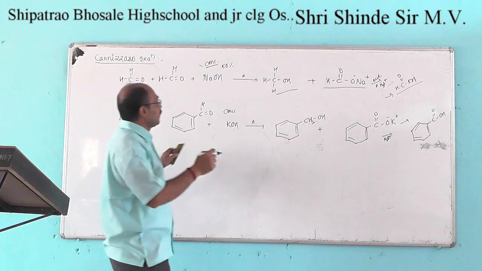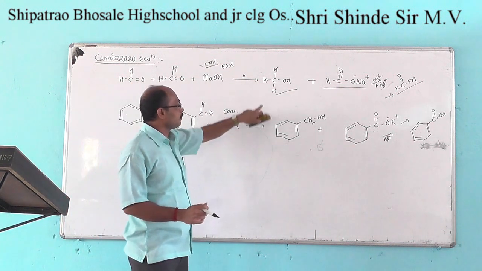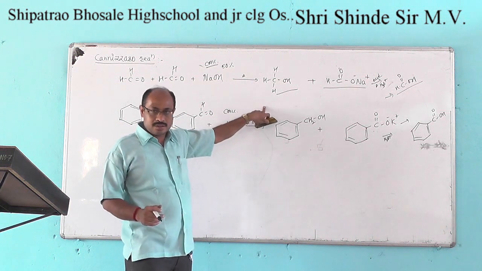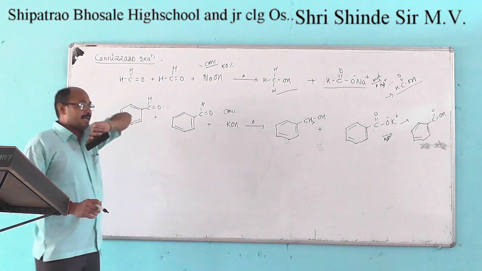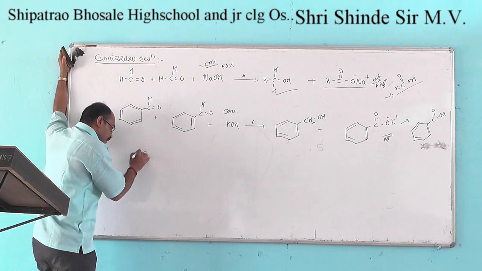So we have the reduction of aldehydes for the formation of alcohols. When we observe this reaction, it is not conducted for ketones.